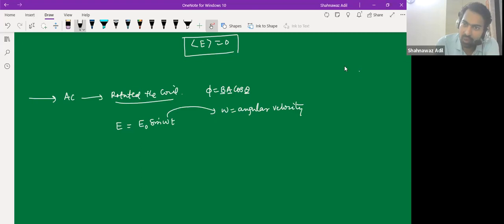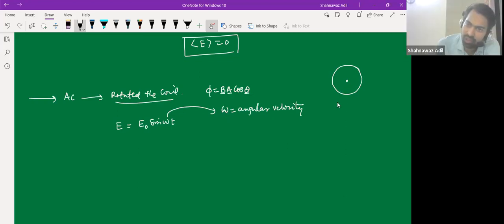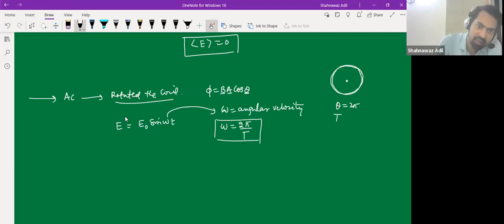Let's say for one full rotation, the angular distance that you cover. How much is the angular distance, Aisha, for one full rotation? Yes, 2 pi. So the angular rotation theta is 2 pi, and the time taken is T, so this omega we found out was 2 pi by T. And then we calculated this EMF.